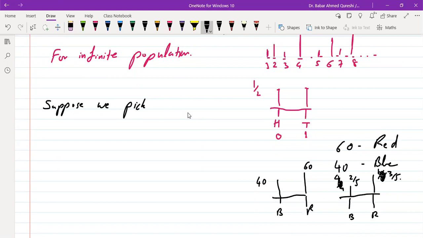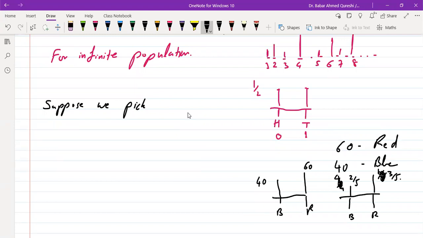Actually, this idea that you pick a sample of size 1 from a population, I suppose you have done in the previous course, because that's how you define probability: that you have a large number of trials available. So what would be the probability if you pick one? A sample of size 1 is not different from what you have been doing in the last course.